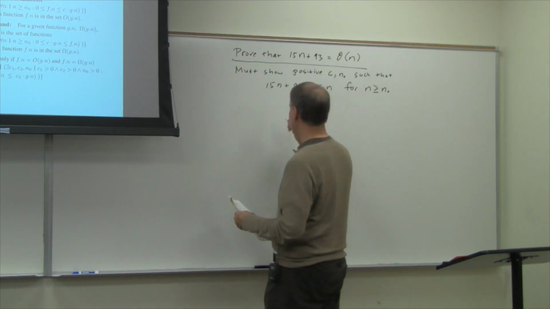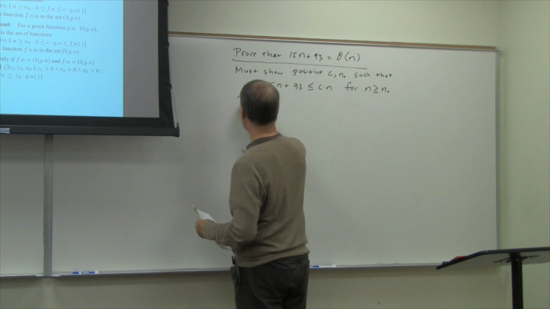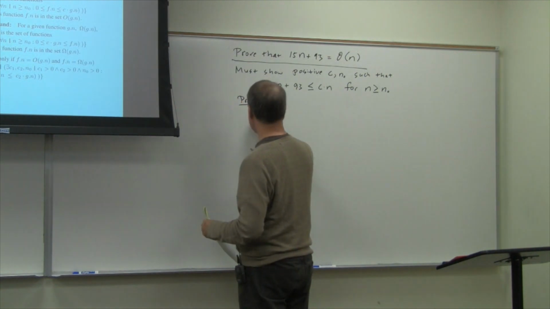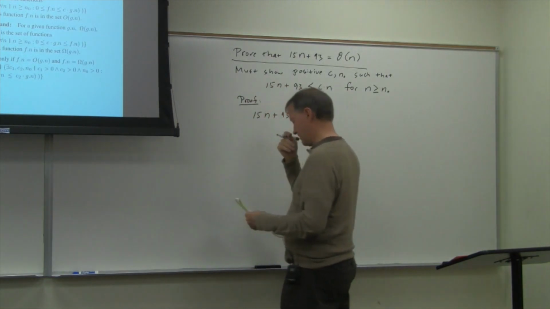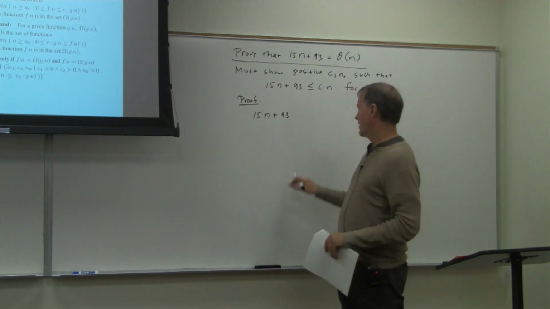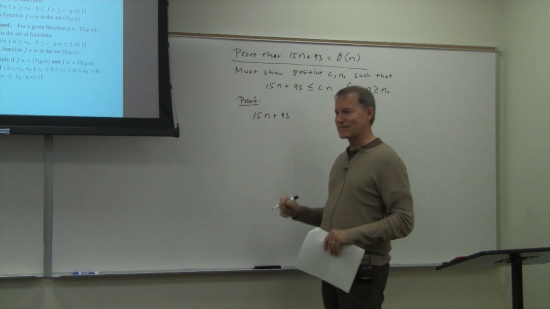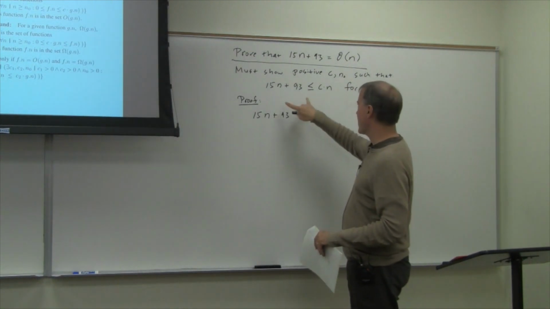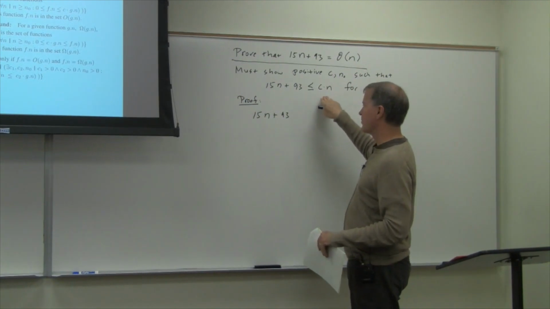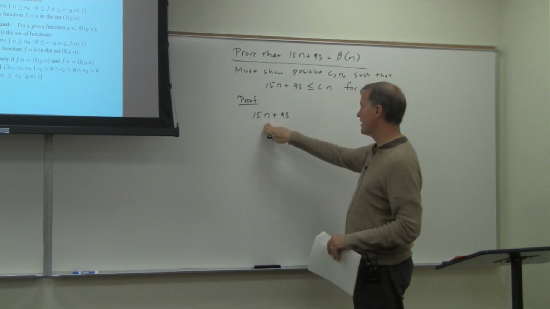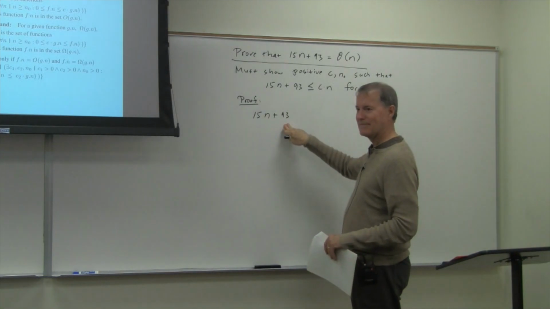So here's the proof. The way you do it is this. You say 15n plus 93. Now, we want to get this eventually to be some constant times n. The problem is we have an n here, but we have a 93 here.